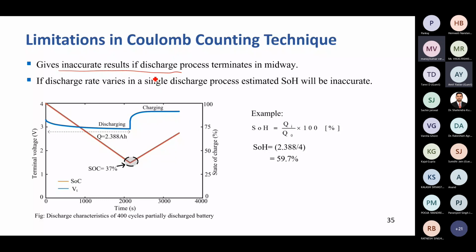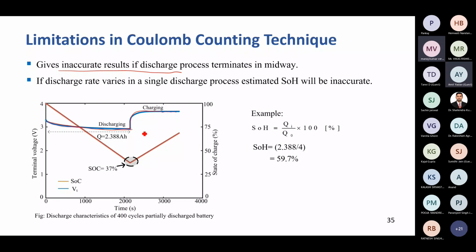It gives inaccurate results when the discharge is terminated midway. Suppose it is terminated midway and you are charging again. You can see this blue line, which shows it is charging, and the battery is not completely discharged. Then again discharging, and again I'm providing the charging, and it is increasing, right?